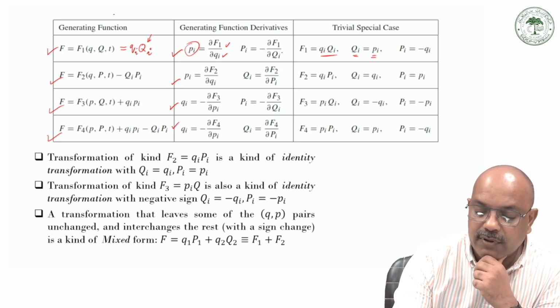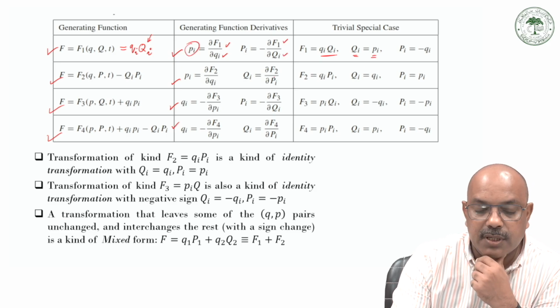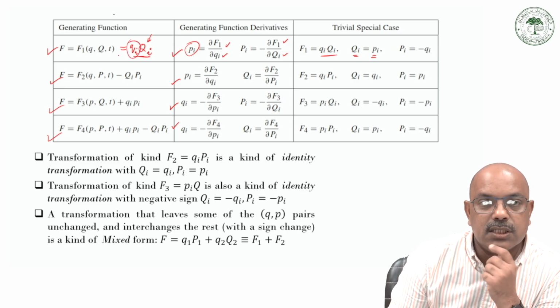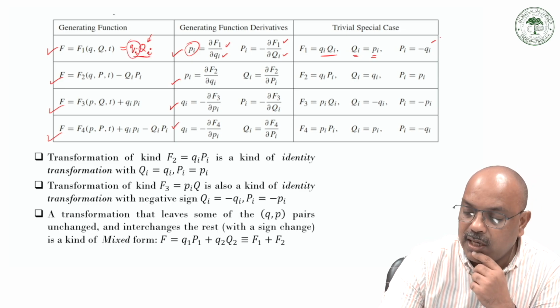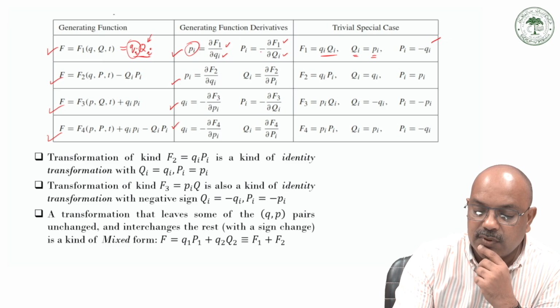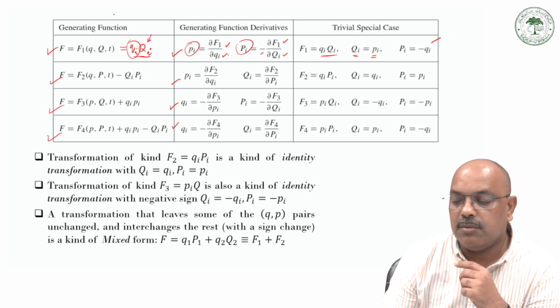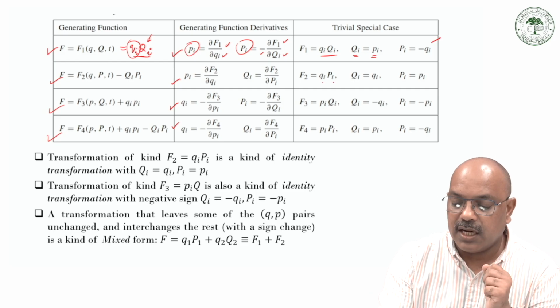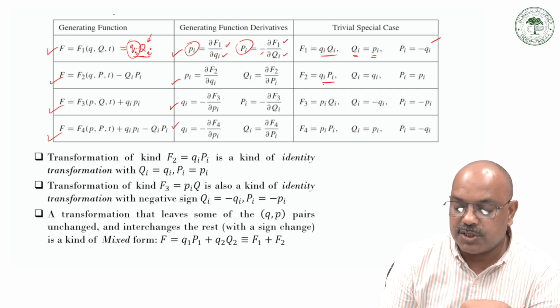Then if we take f1 with respect to capital Qi, what I'm going to get is a small qi. So a small qi is, minus with minus, equal to the capital Pi. Then if you take the second derivative, these are some trivial special cases.